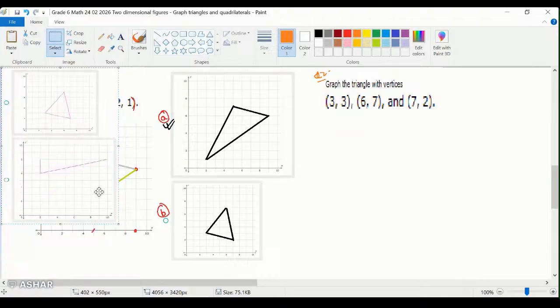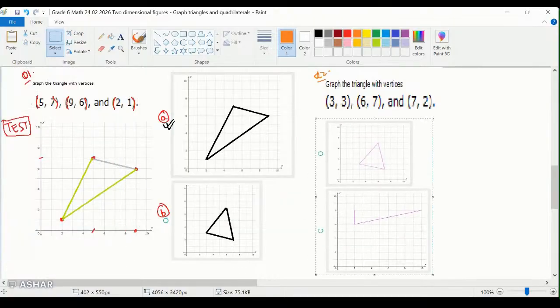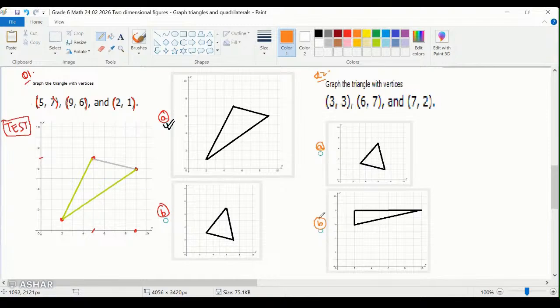I'll redraw the lines on them. Don't worry about that, right? This, and this, whereas this, and this, right? So which option should be the answer? Option number A or option number B?